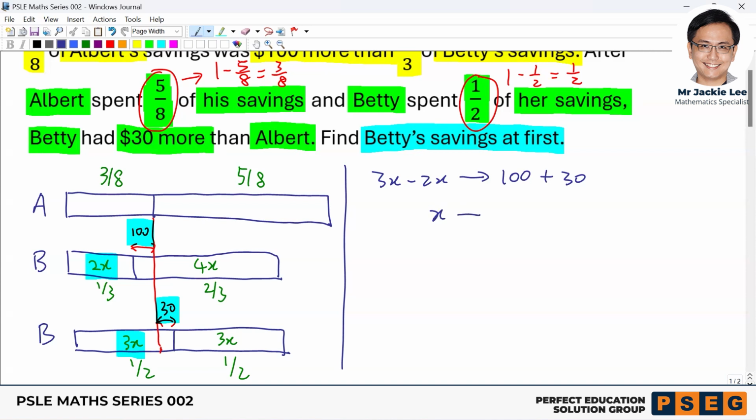That means x should be 130. Then the question at the end asks for Betty's saving at first. So that means 6x, am I right? Here, this one or this one, both are actually 6x initially. So times 6, go back to the dollar side, $780.